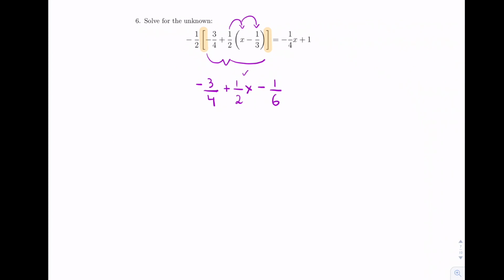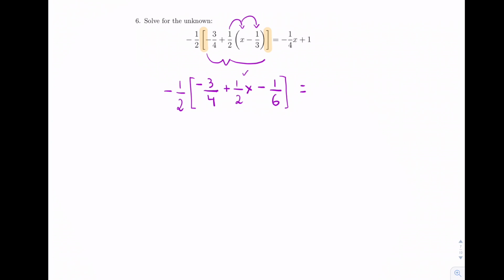So 1 times 1 is 1, and 2 times 3 is 6. Now don't forget, it's inside of those brackets with a half in front. Equals, and there's nothing really to do on the right-hand side at the moment.